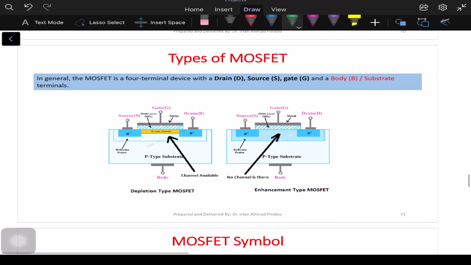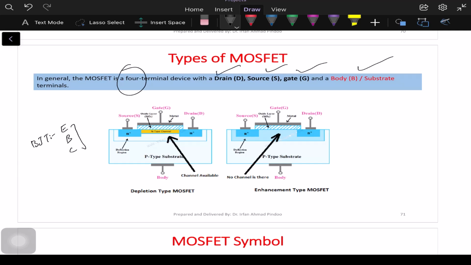Now talking about the different terminals in the MOSFET, like we said in the BJT, BJT was a 3-terminal device which was emitter, base and collector. Now if we look at the MOSFET, MOSFET is a 4-terminal device, and what are the names of them? We have drain, source, gate and the body.